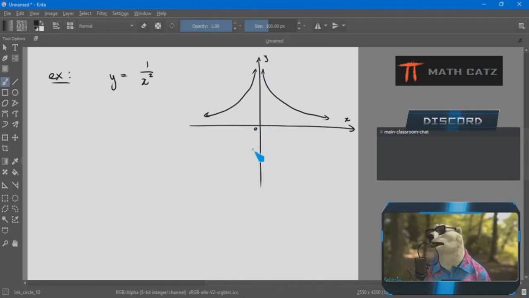So we see that apart from the long-term behavior question, there is an interesting thing happening as I get close to 0. This function is undefined at x equal to 0.